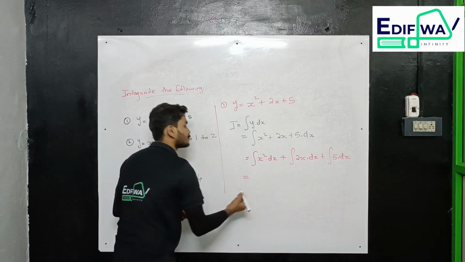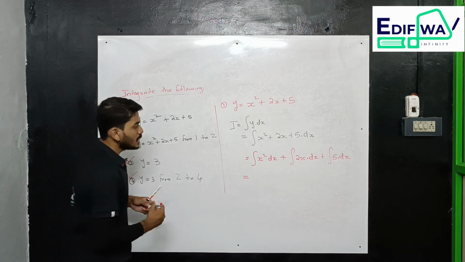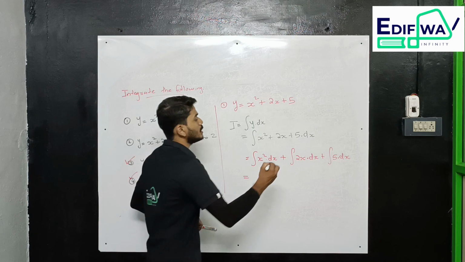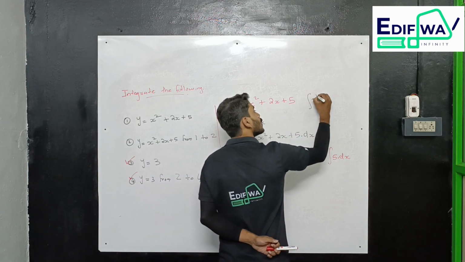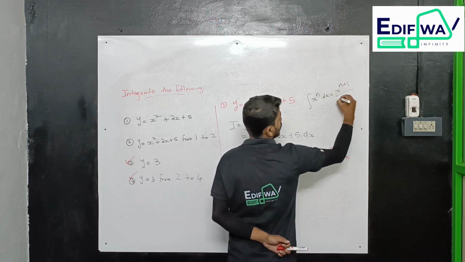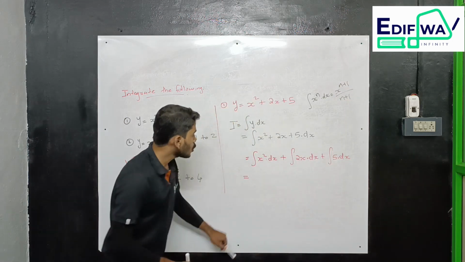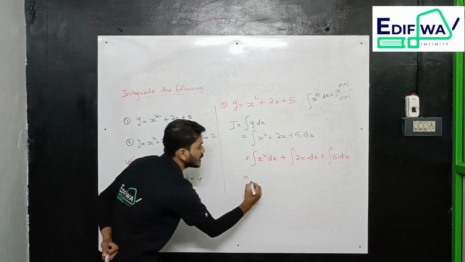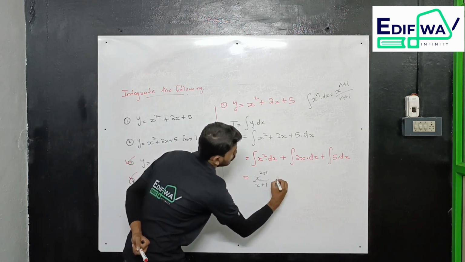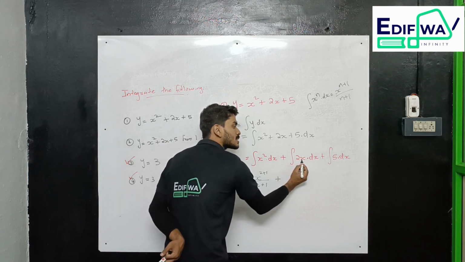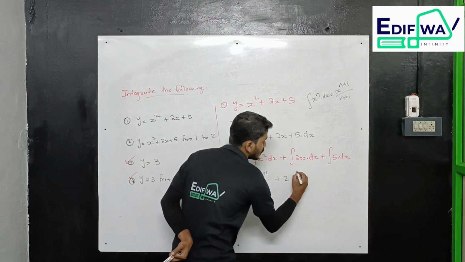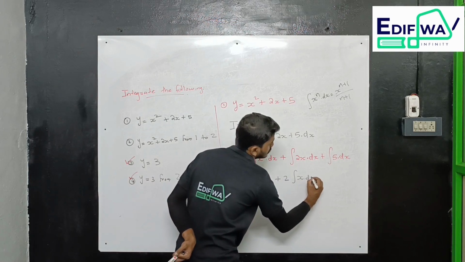Now here, what will be your answer? This is integral x raised to n dx. The answer is x raised to n plus 1 by n plus 1. So here your n value is 2. So apply that, x raised to 2 plus 1 by 2 plus 1. Plus, here 2 is a constant and x is variable, so you take the constant outside. So it is integral x dx.